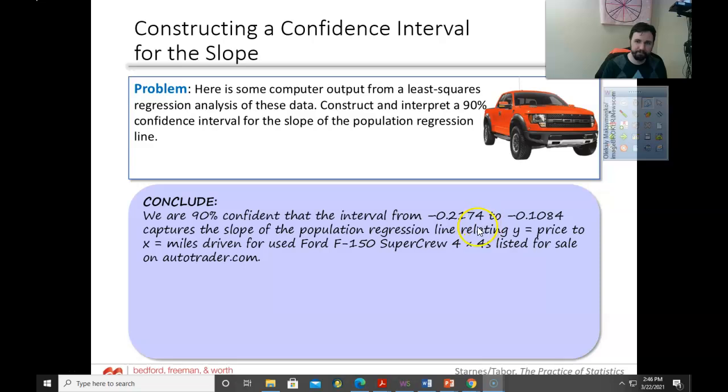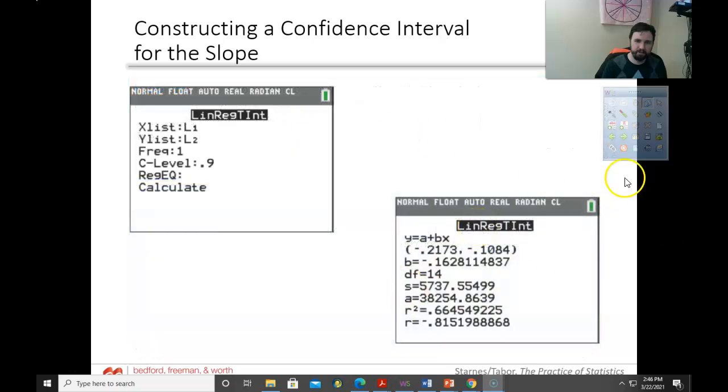All right. So here's how you do a linear regression t interval. You plug in the miles driven and your price in L1 and L2, and it will give you the same answer. Okay? LinReg t interval.